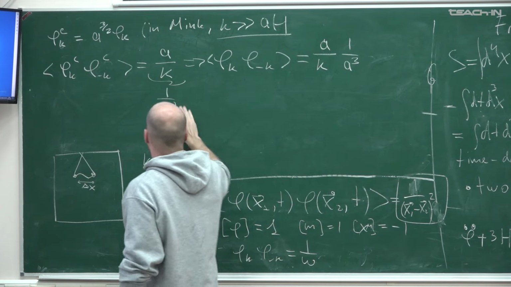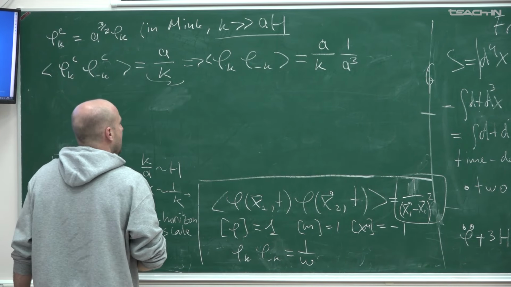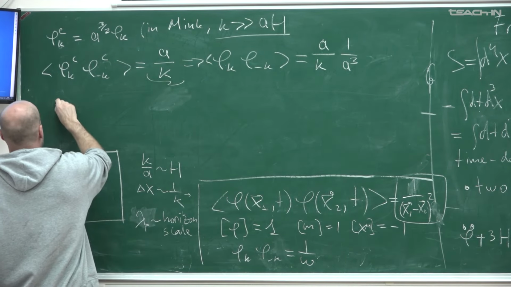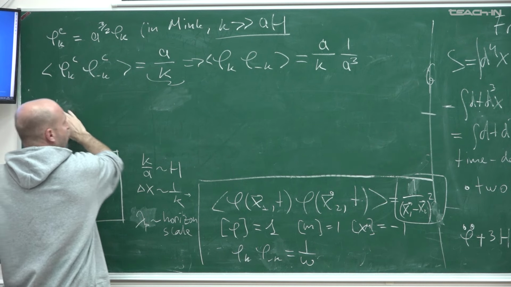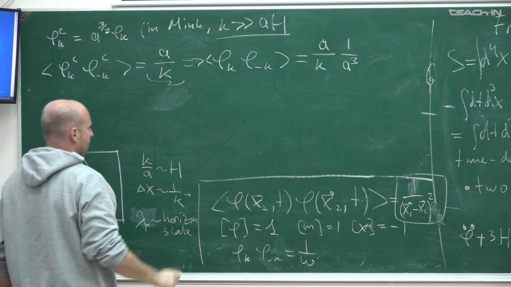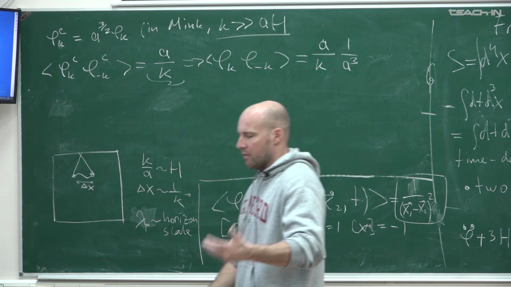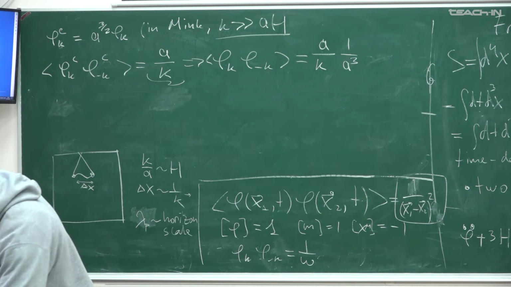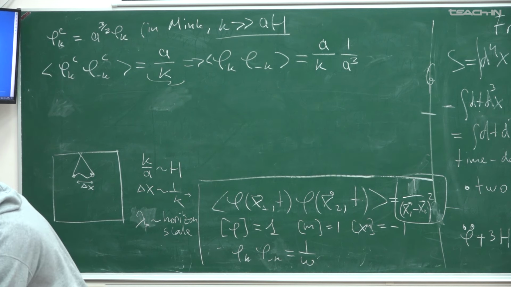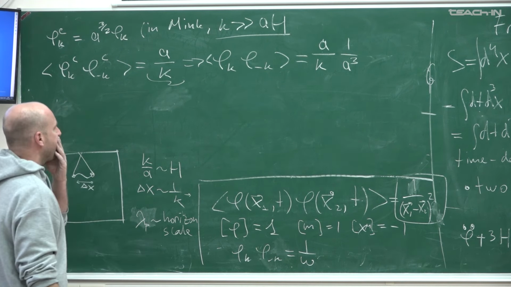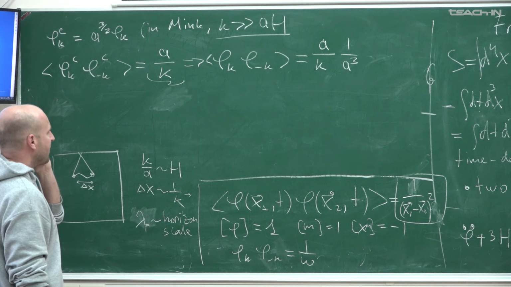So now, if we go to smaller k, this is true up to, and okay, let me do an approximate thing, and then I'll do a slightly more careful thing. Oh wow, we're running out of time. Let me wrap up. Let me just do the approximate thing.